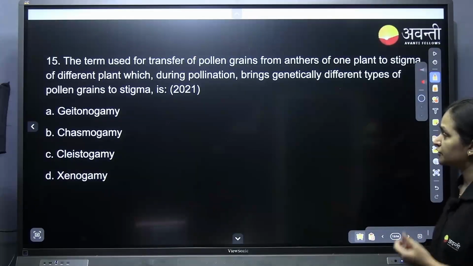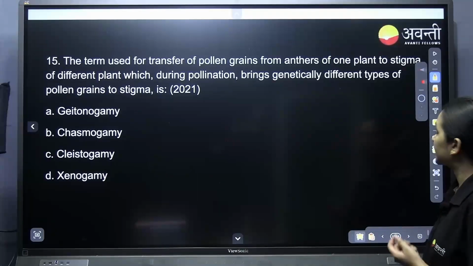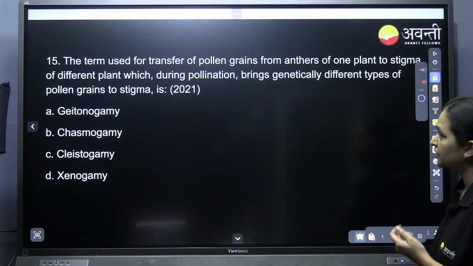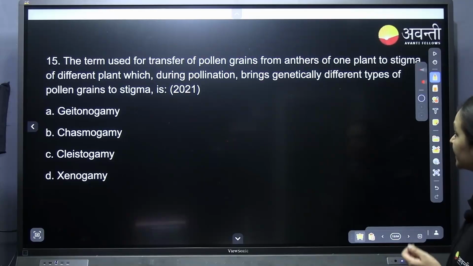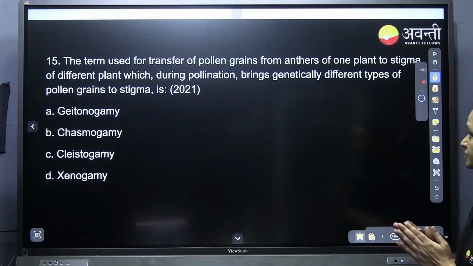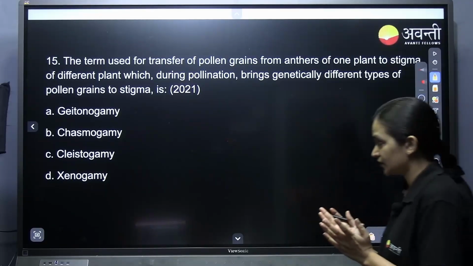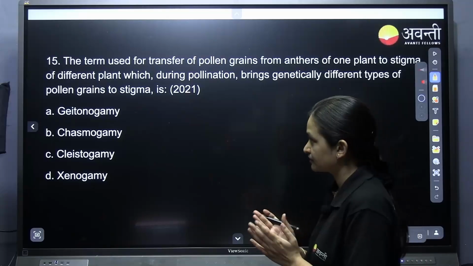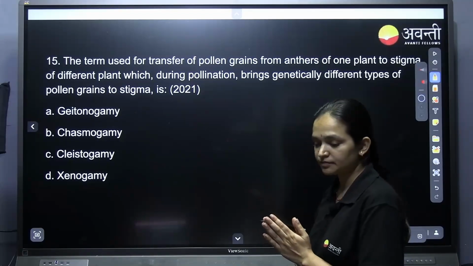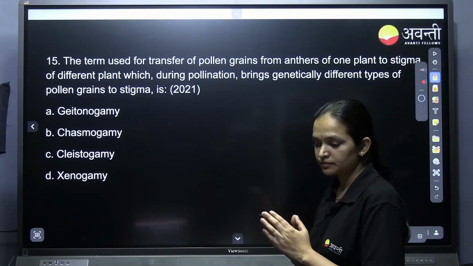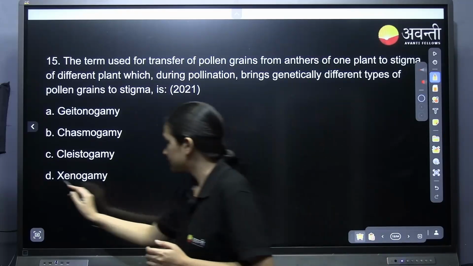The term used for transfer of pollen grains from anthers of one plant to stigma of a different plant, which during pollination brings genetically different types of pollen grains to stigma. This type of pollination, we call it xenogamy.